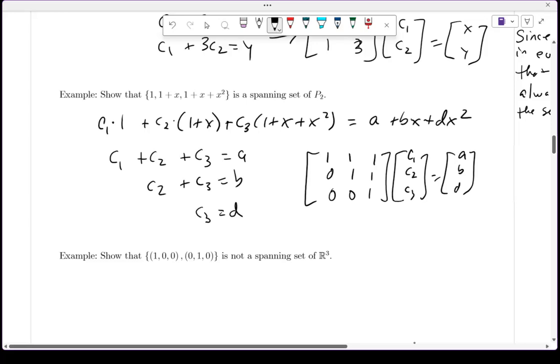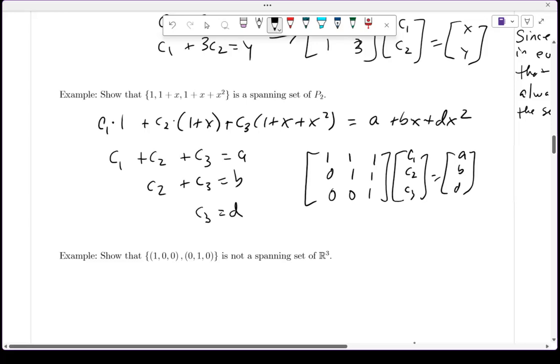Now, notice again, look at the columns of your matrix and look at the original vectors. Do you notice any relationship between the columns of your matrix and the original vectors? The columns are the coefficients.